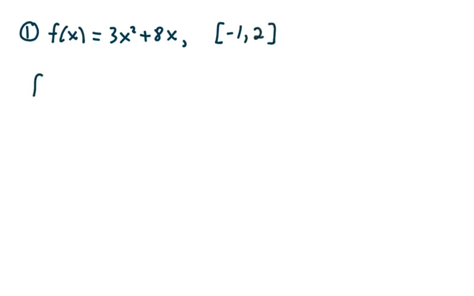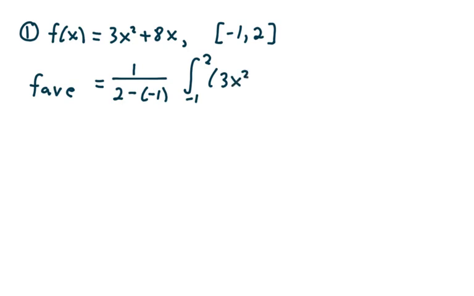So we're going to look at the average value of f, and that's going to be 1 over 2 minus -1, b minus a, times the integral from -1 to 2 of 3x squared plus 8x dx.